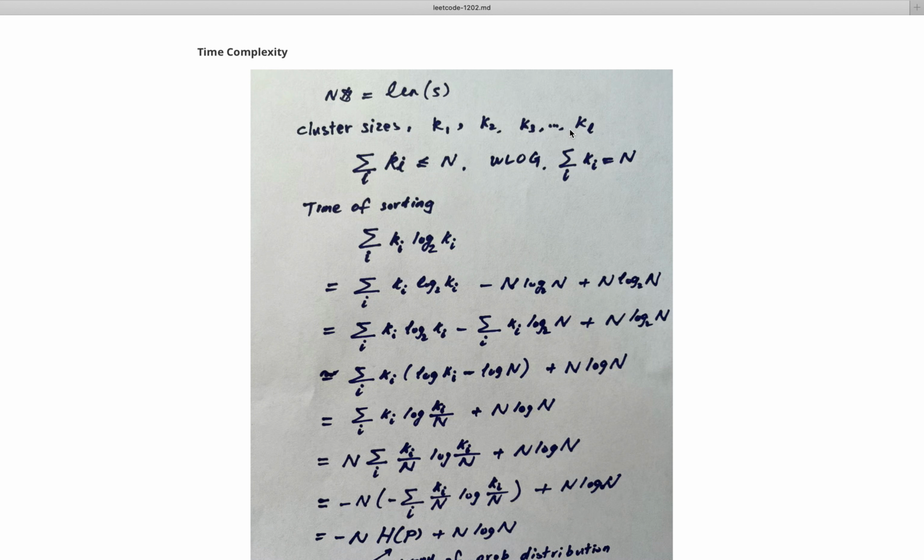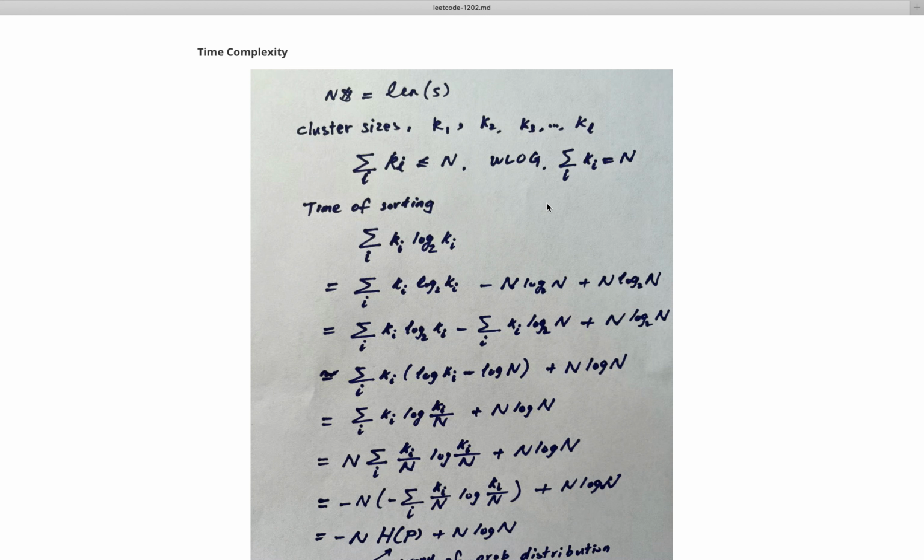We know that the summation of all these cluster sizes will be less than or equal to n. The reason is that some indices do not come into play for the swapping. But without loss of generality, to get an upper bound, we can assume that the summation of the cluster sizes equals n, where capital N is the length of the string s.